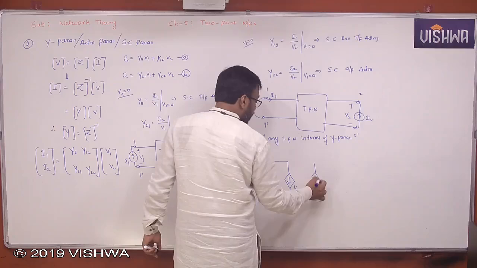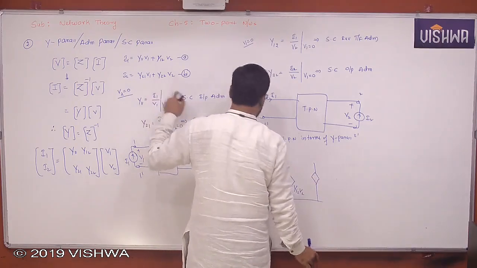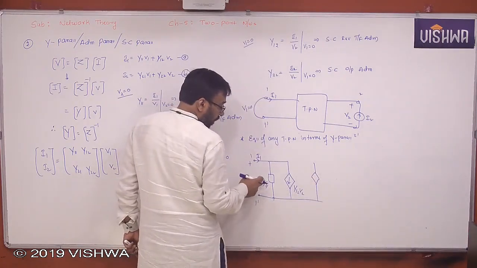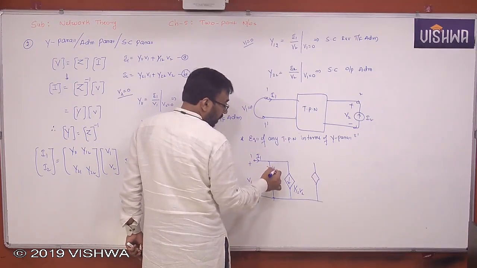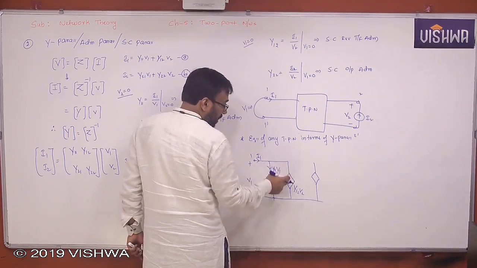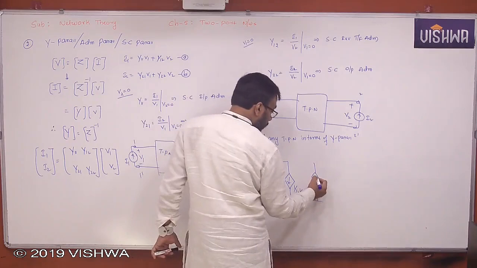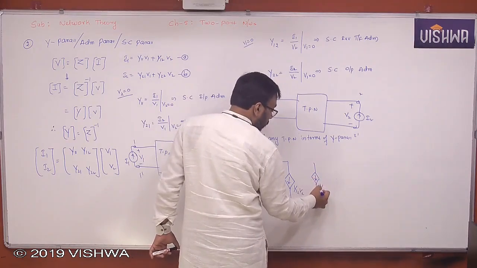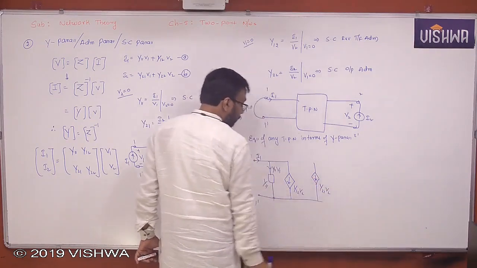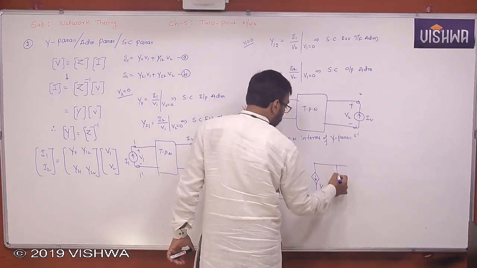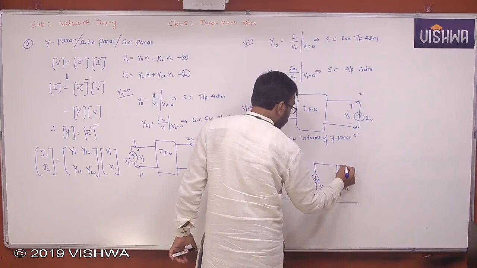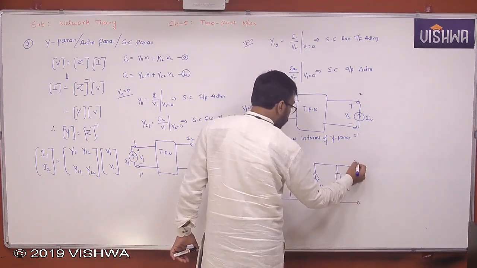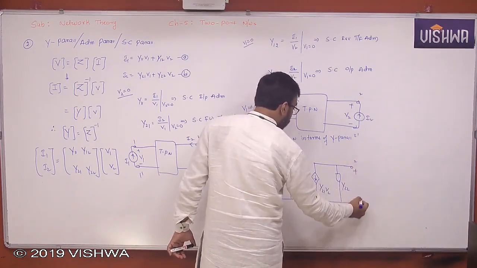Okay. Similarly, I do the same parallel combination on the output port side. Look at this. What is the current flowing here? This current is Y11 V1, and this current plus this current will give you what? I1. Now Y21 V2 and Y22 across 2, 2 dash.